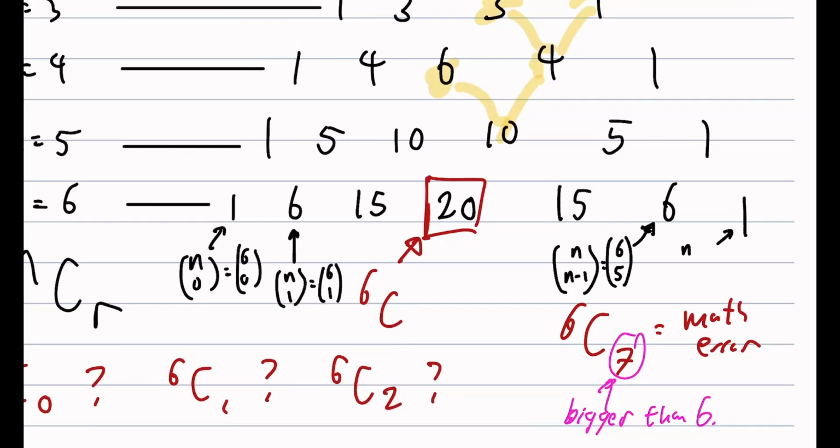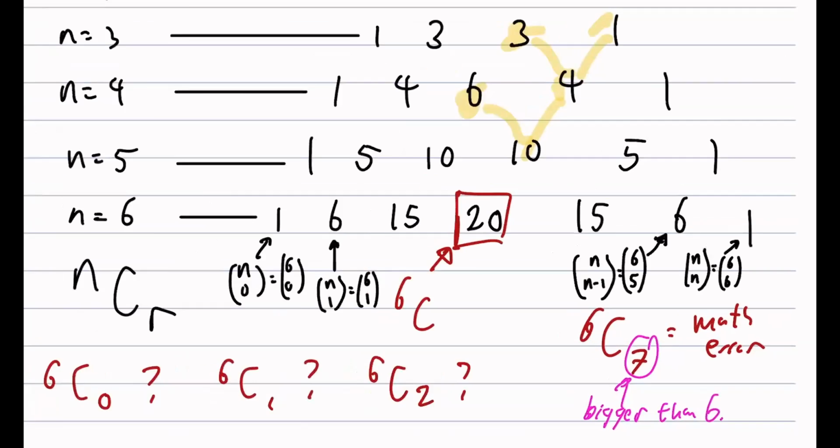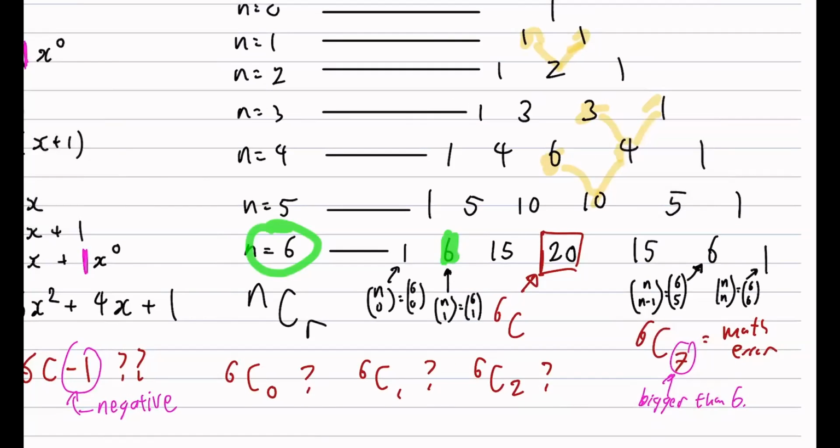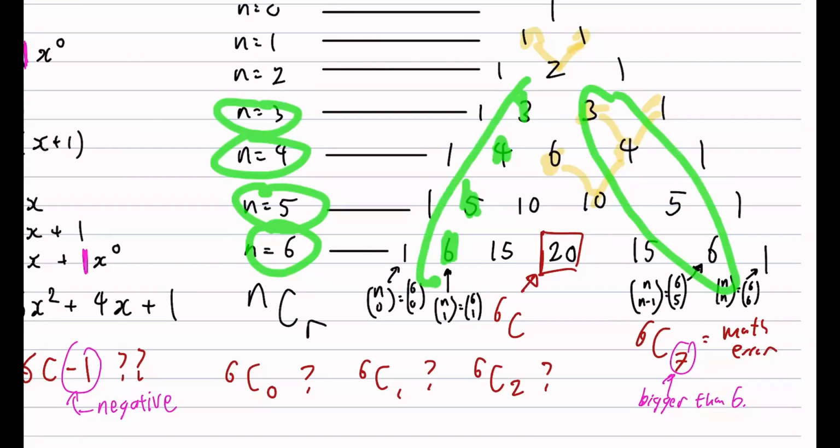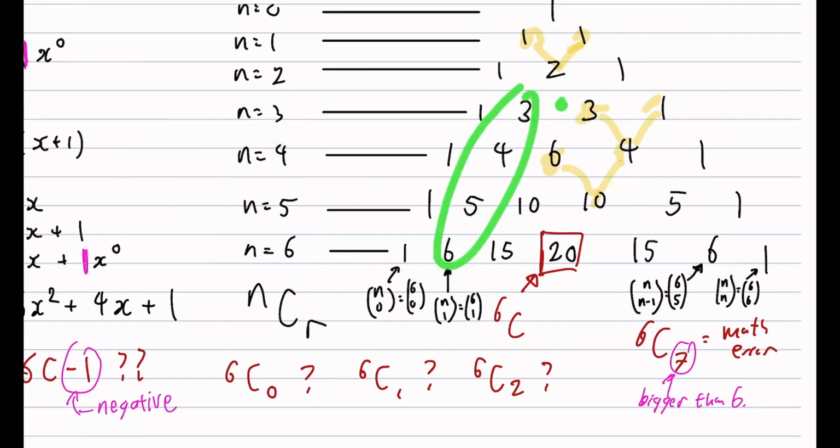That last guy over there is n choose n. In this case, it's 6 choose 6. And of course, if it's row 6, n equal to 6, then it will be 6. N equal to 5 is a 5. N equal to 4 is a 4. N equal to 3 is a 3. Likewise over here. That's symmetry.